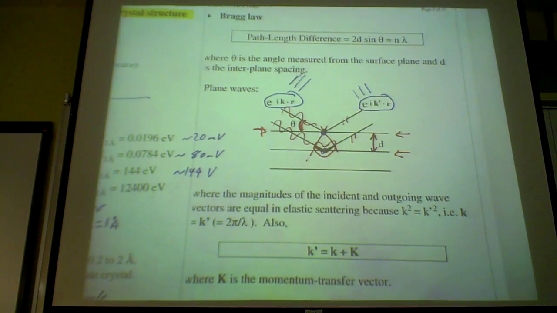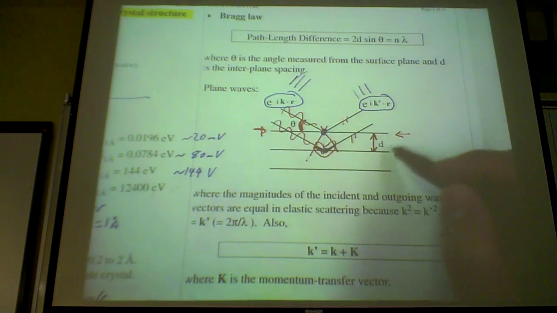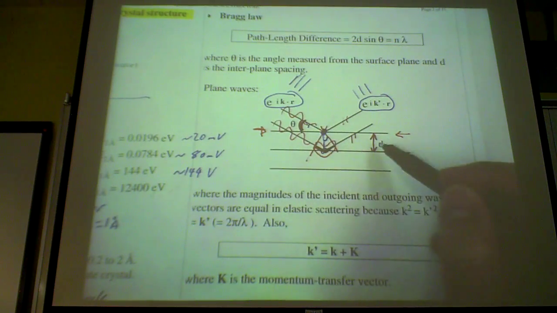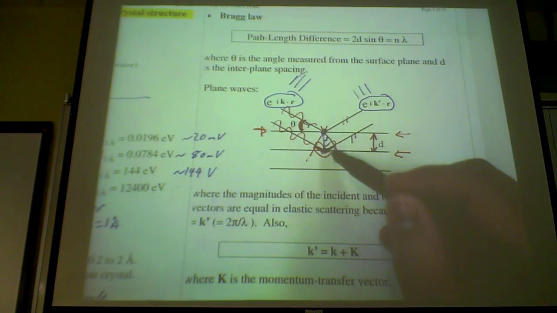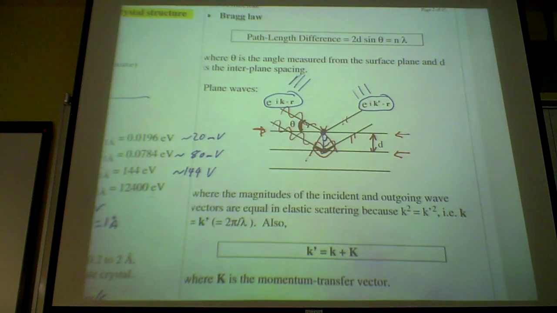You can work out the geometry because this angle here is equal to this angle, and this d spacing is the interlayer spacing. So this distance here is just sine theta times the d spacing, and you multiply by 2 because you have twice this path. That's how you get 2d sine theta. It's very easy to derive by simple geometry.